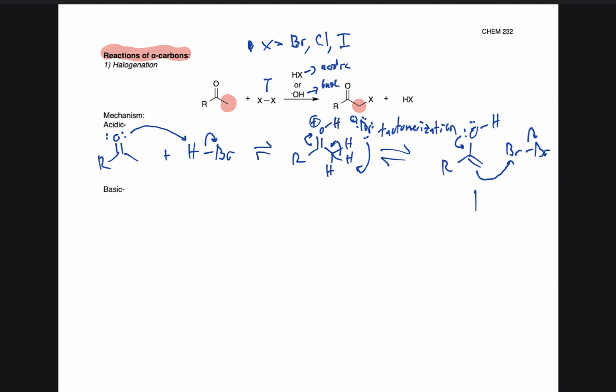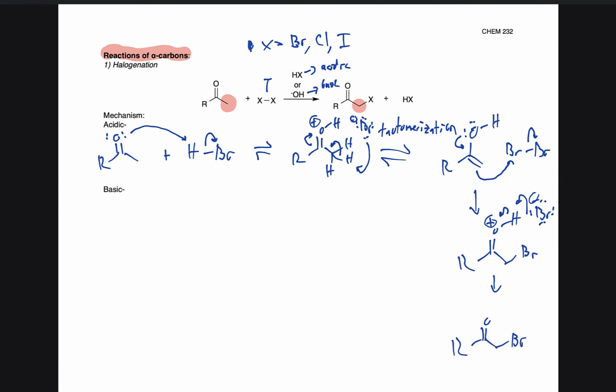And when we do that, we're almost at the end of the mechanism. We have now our bromine on that alpha carbon, and the last thing we have to do essentially is just get our reaction neutral. So get rid of that pretty acidic proton that's on our ketone.